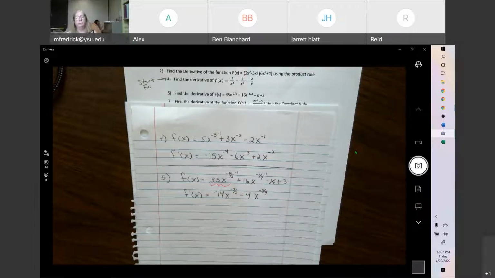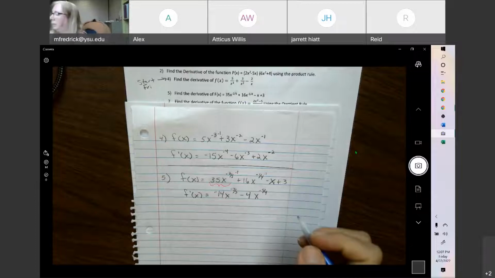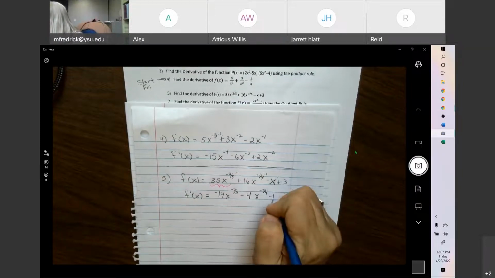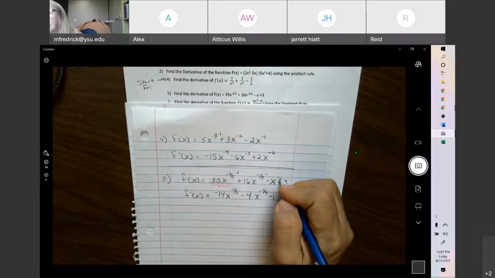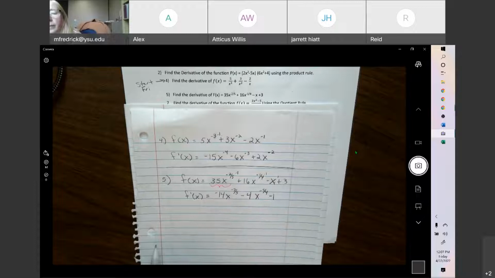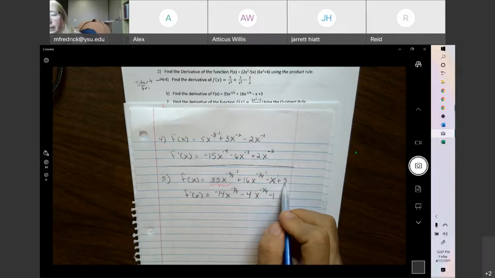What is the derivative of a negative x? Anyone? Is it -1? Okay. Yeah, -1. So this is a 1. 1 times -1 is -1, and then it's going to be x to the 0. X to the 0 is just 1. And then what's the derivative of 3?